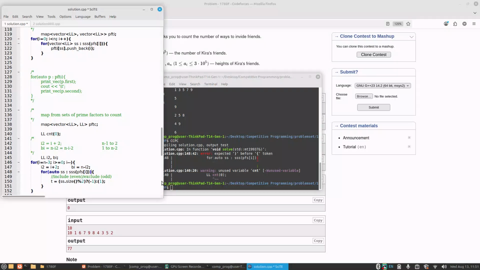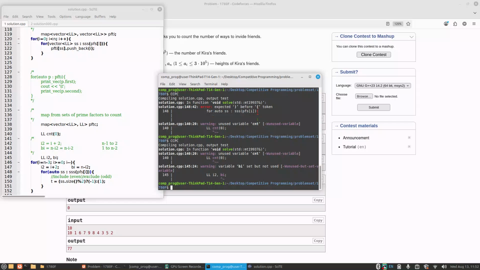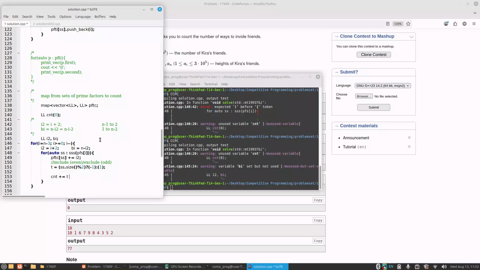There was an annoying error there. PFTC, change plus equal t times.